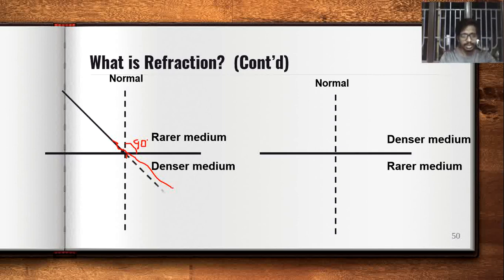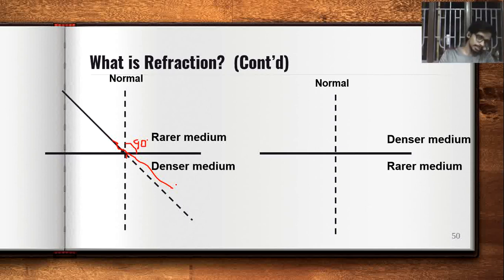This was the expected path, because I told you in the first class that light never changes its direction when it moves in one medium only. So now we are expecting the light to travel in this straight line, but it changes the medium. Now it is going from the rarer medium to the denser medium. So what is happening?